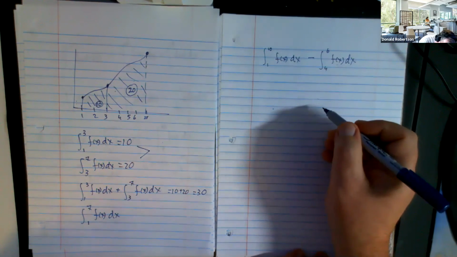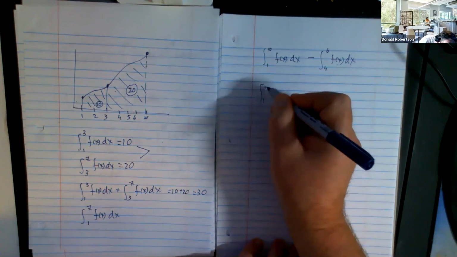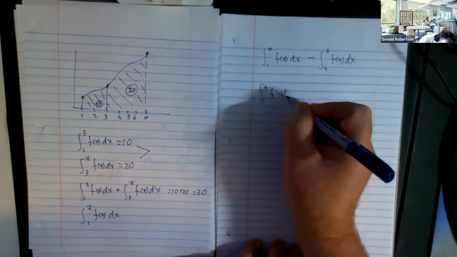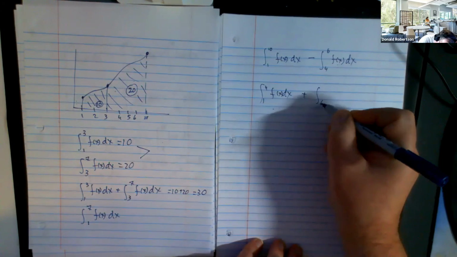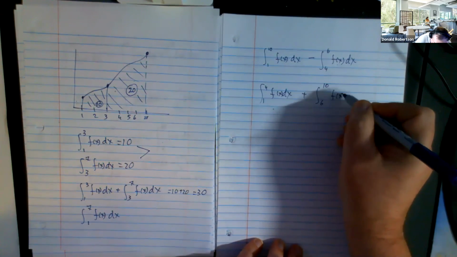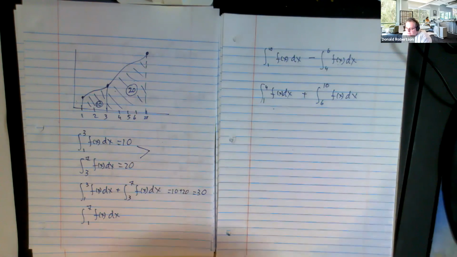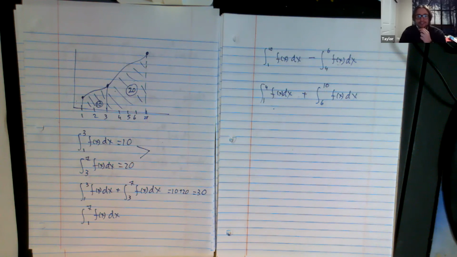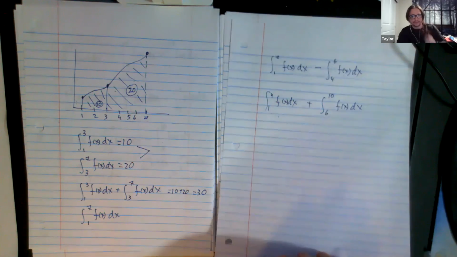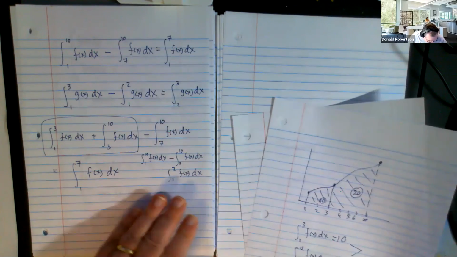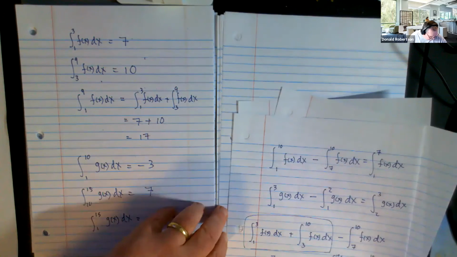What you'd be left with is a 1 to 4 piece added to a 6 to 10 piece. It's a good question. But the answer wouldn't be a single integral. Wouldn't it be two separate integrals? Because you cut the chunk out of the middle, right? Okay, that's what I thought. I just wasn't sure how to write it. Thank you. Any other questions before we move on to the last piece that is in here?